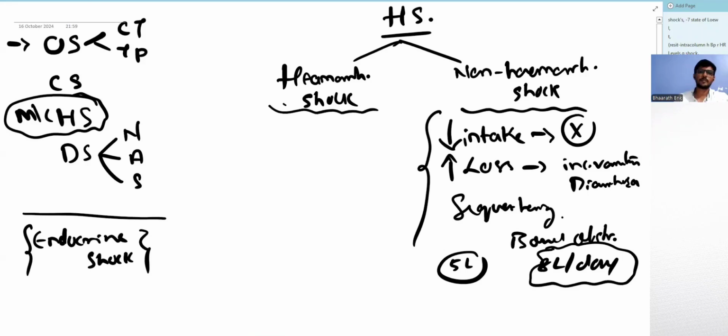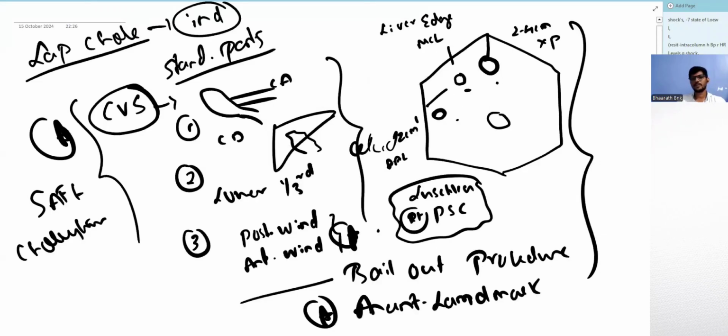Now, when it comes to hemorrhagic shock, there are various methods of classifying it. The first one would be a revealed hemorrhage and a concealed hemorrhage.